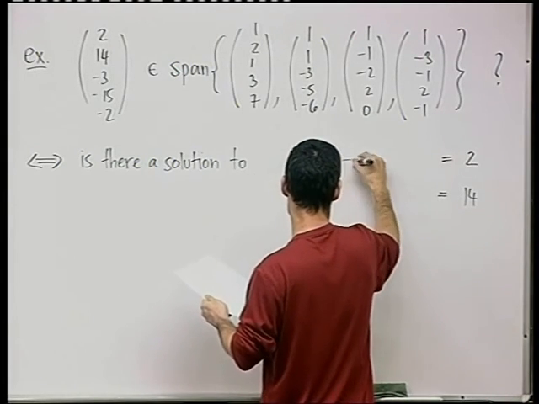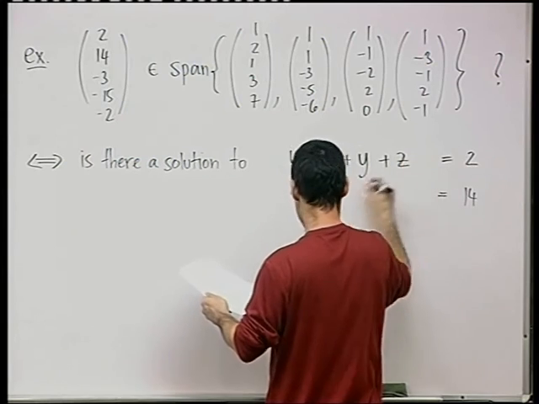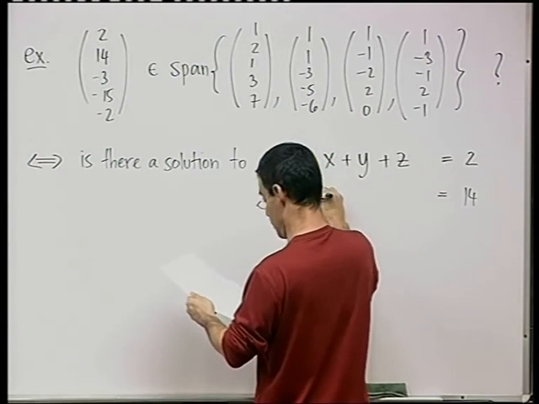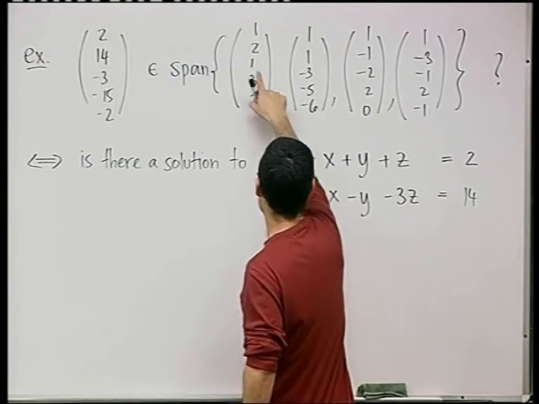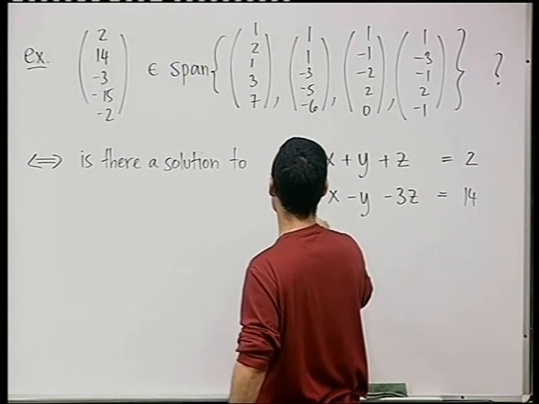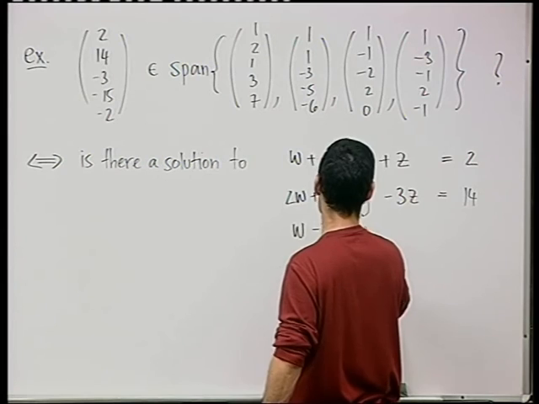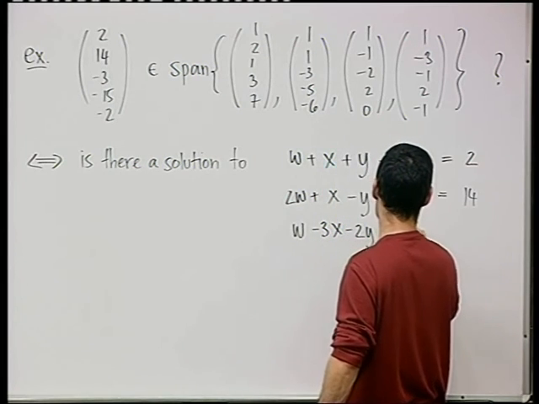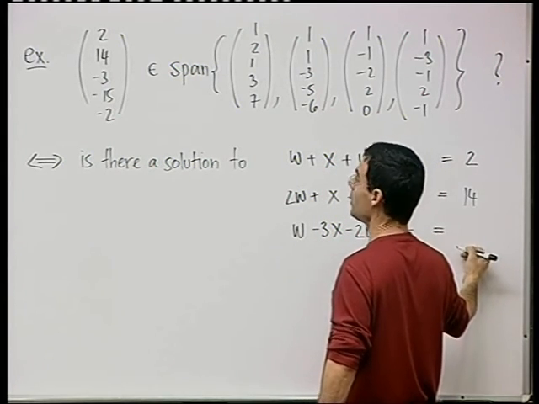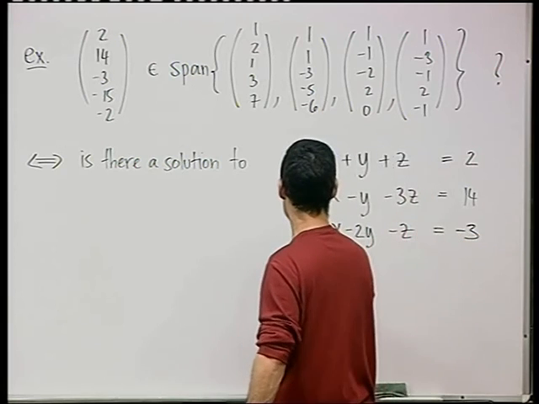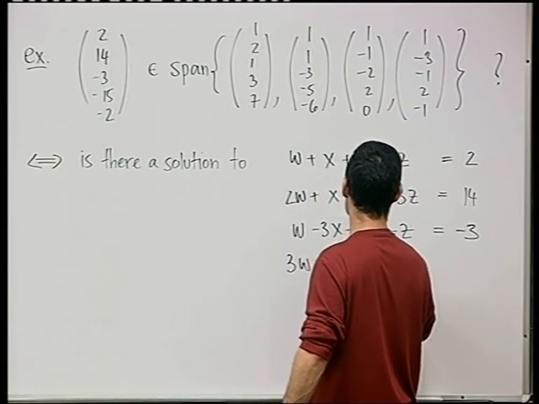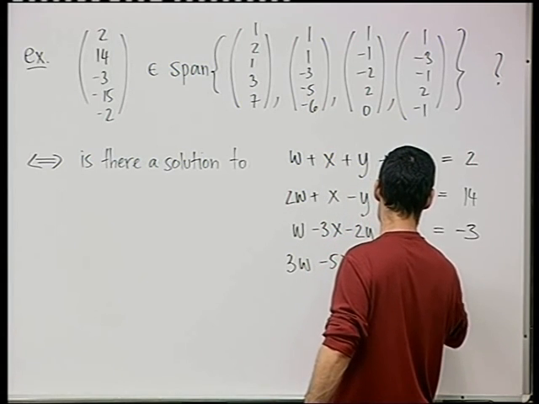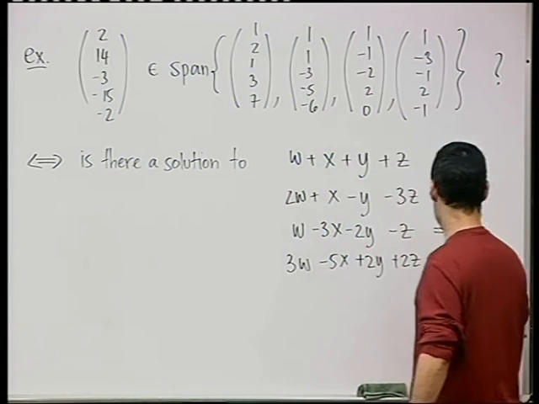W plus X plus Y plus Z. And then we have 2W plus X minus Y minus 3Z. And then we have what? W minus 3X minus 2Y minus Z equals negative 3. And then 3W minus 5X plus 2Y plus 2Z equals negative 15. Good?